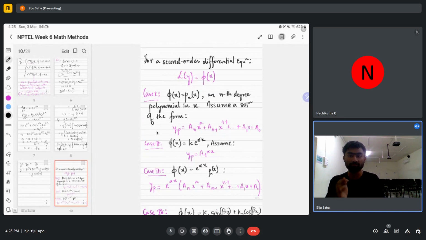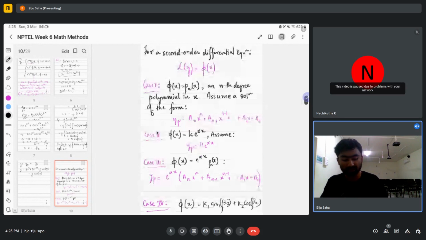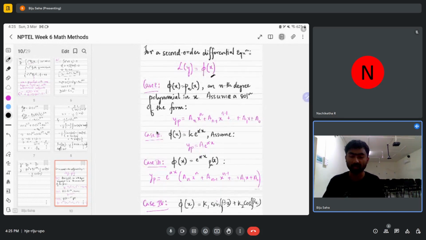The main approach is to look at the form of f(x), assume some solution for the particular equation, put it in the differential equation, and get the values of the various unknown constants. So the next part is where f(x) or phi(x) can be any function in general. Let us look at a few cases like that.